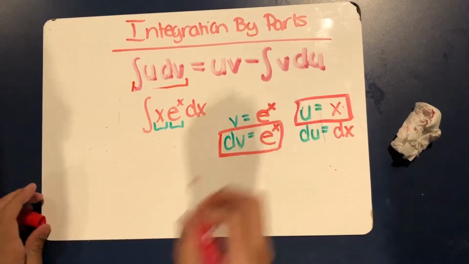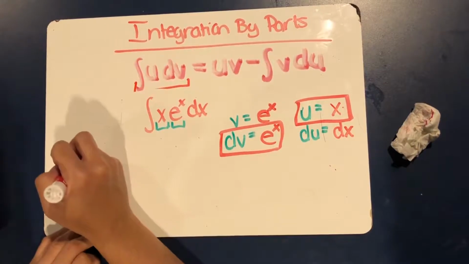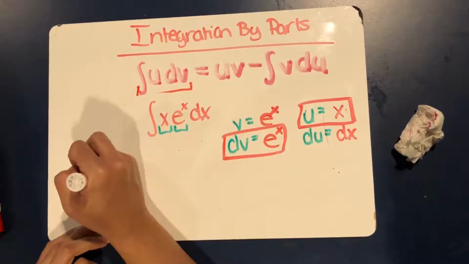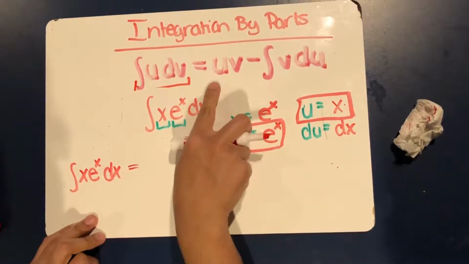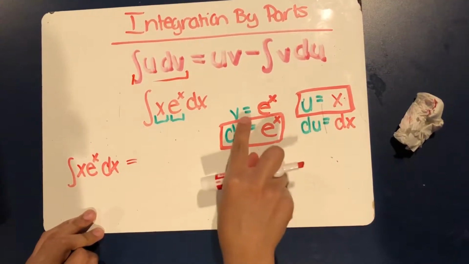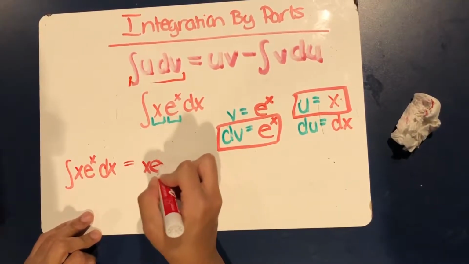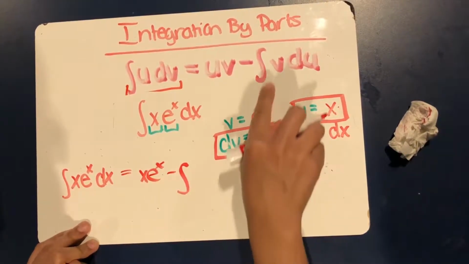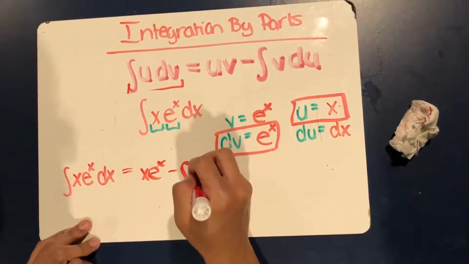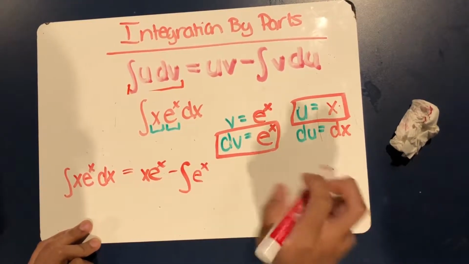So here we have dv equaling e to the x, so let's box that off, and u equaling x, box that off. So in the equation we have the product, so the integral of x e to the x dx is equal to the product of u times v, so we're going to say x times e to the x, minus the integral of v, which we said is e to the x, du, which we can also say is equal to dx.